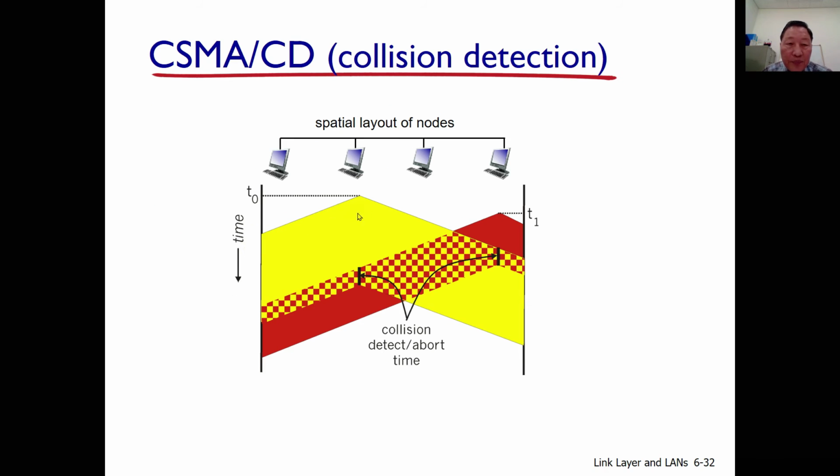Here is another slideshow explaining CSMA with collision detection. In the previous case, even though a collision occurred, it was not detected, and after sending everything, the node finished.